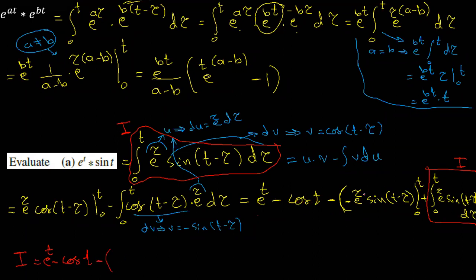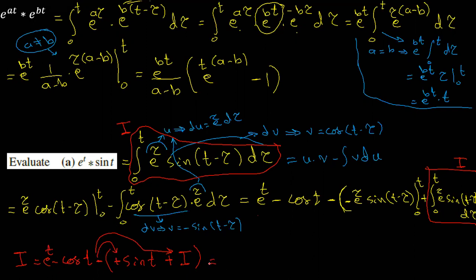Now plug in the t, so negative e to the t, and sine of t minus t is sine 0, which is 0, cancel out, so negative. Now the 0, so negative 1, negative and negative, it is a plus sine only t. Here I have a plus I, inside the negative, so you have minus I. Take it to the left hand side.